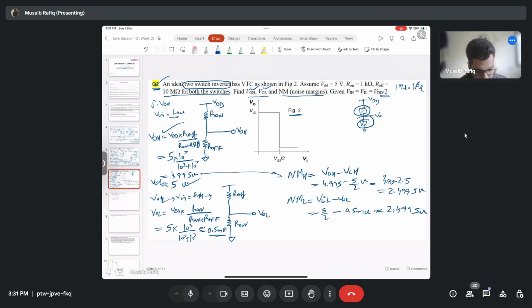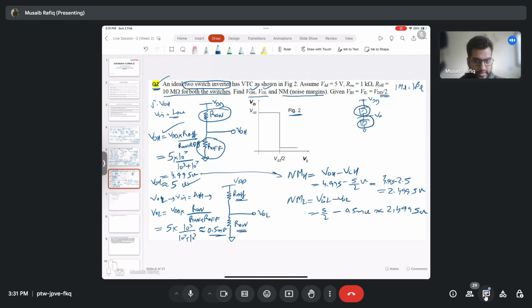In this case, the pull up device was on, having R on resistance equal to 1k, and this was off, having R off resistance equal to 10 mega ohm. In the other case, this was off, having R off resistance of 10 mega ohm, and the pull down network was having an R on resistance of 1 kilo ohm.